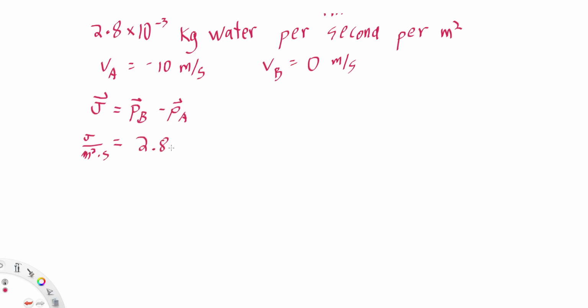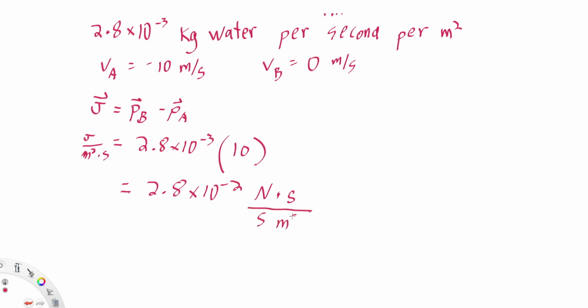There's the mass, 2.8 times 10 to the minus 3, and the change in velocity going from negative 10 to 0, that's a change of 10. All right, 2.8 times 10 to the minus 2. So Newton seconds per second per square meter.